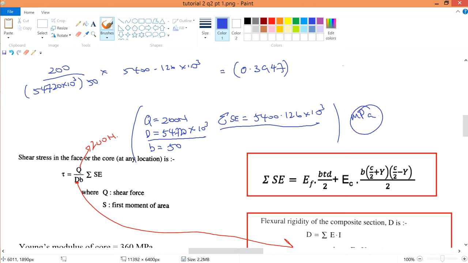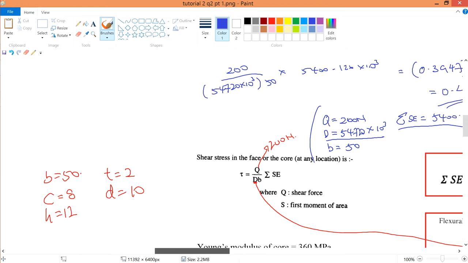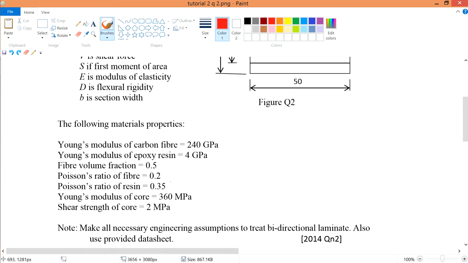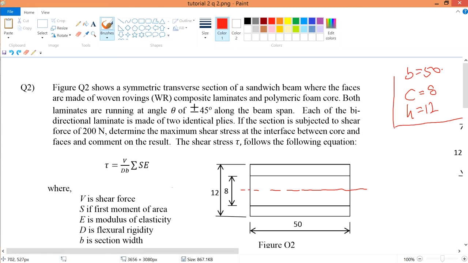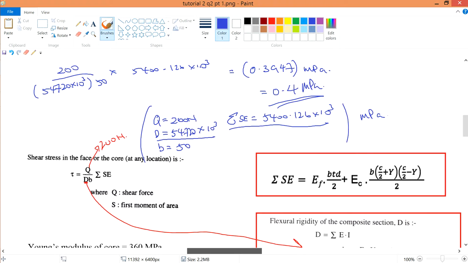If you round it off, you get 0.4 megapascal, and this is the answer for tutorial 2 question 2, which also corresponds to the lecturer's answer. So this is the maximum shear stress required for the interface between the core and the faces. So these are the stresses along that interface.